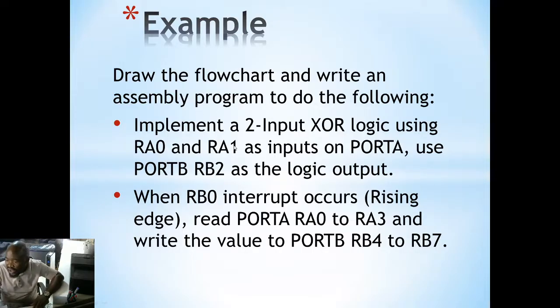So A0 and A1 are inputs for the exclusive OR gate, but still here A0 to A3 are also inputs for the function which we're supposed to do in the interrupt. So we're going to set A0 to A3 as inputs. If we make A0 to A3 inputs, that will cover A0 and A1 also as inputs.